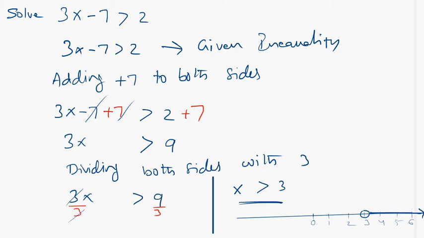You can try to see if this inequality is true for numbers which are less than 3 and substitute them in the given inequality and find out. If you take 2, that would be 6 minus 7, which is -1, which is not greater than 2. So any number that is less than or equal to 3 would not satisfy this inequality.